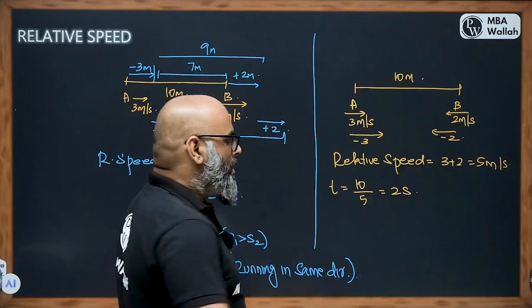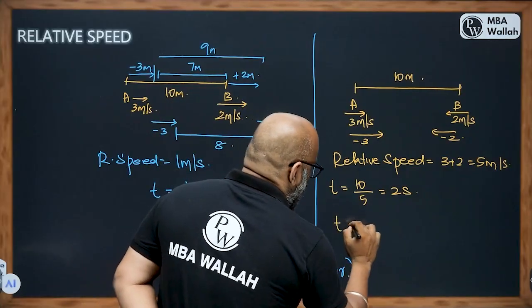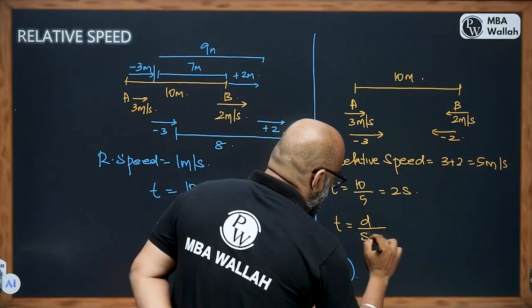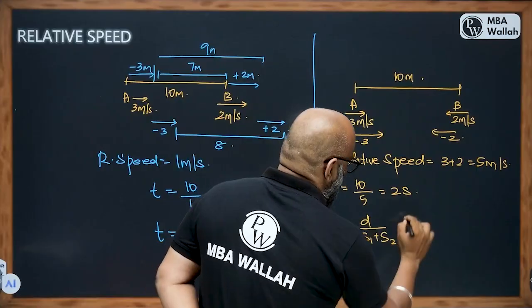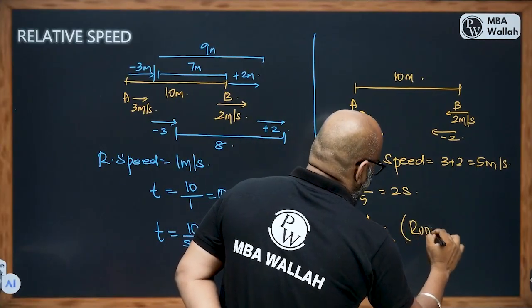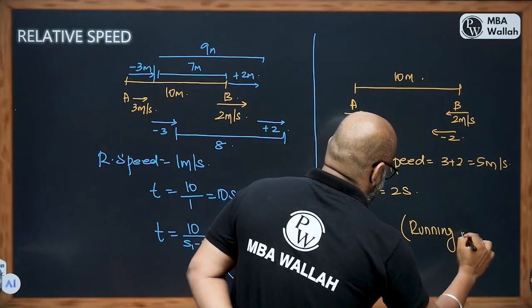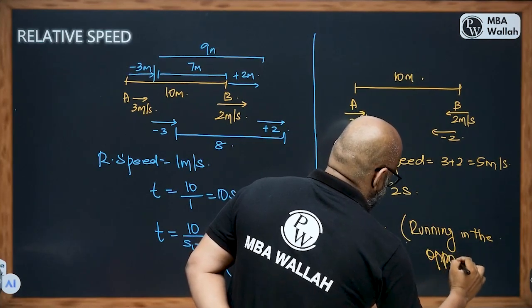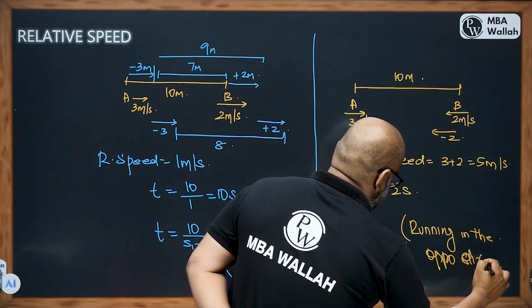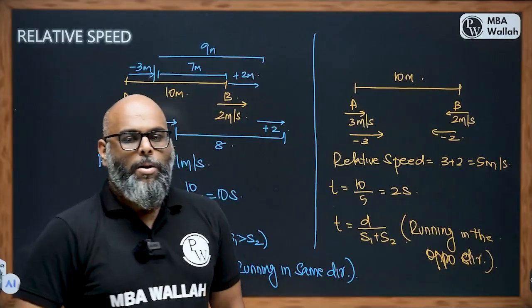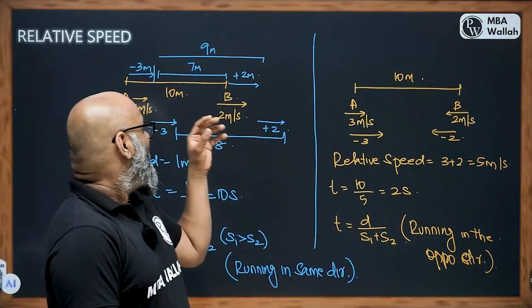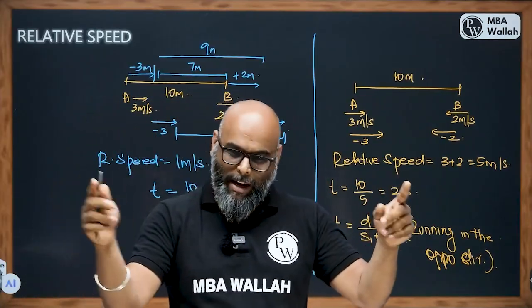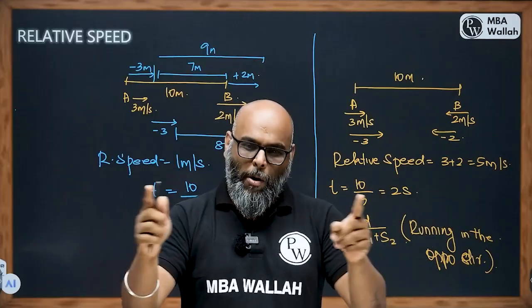Once again, in a formulaic way, we can say T is equal to D divided by S1 plus S2, running in the opposite direction. Right. So two important ideas: relative speed when two people are running in the same direction, and then running in the opposite direction.